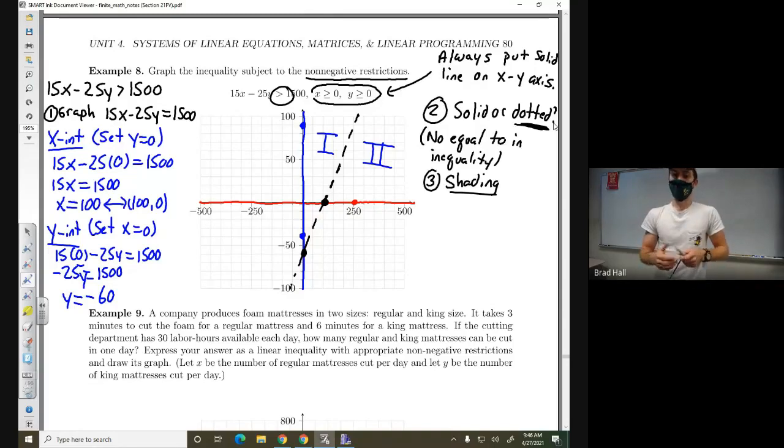Do we shade what I called I here, or 1, of course, Roman numerals, or 2 over here? That's the question here. We don't even consider any other region because the non-negative restriction said only look at the top right. Now, how we do this is the same way we did before. I like to pick the test point (0, 0).